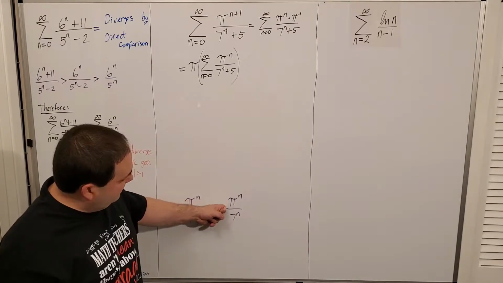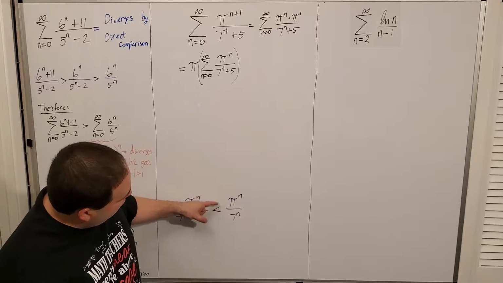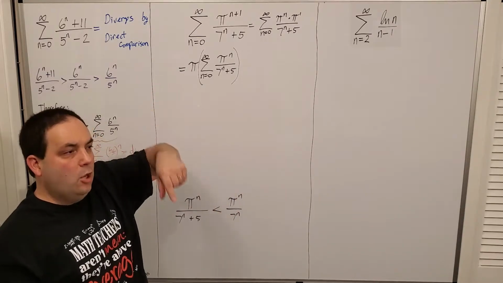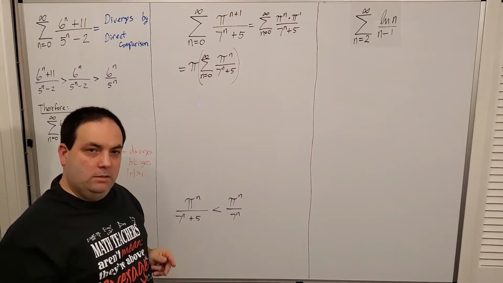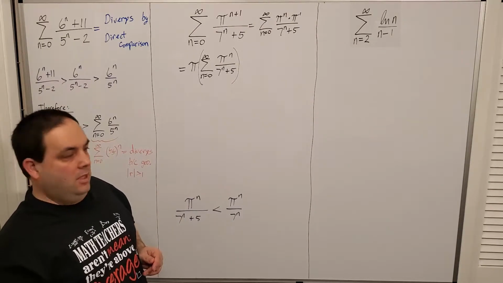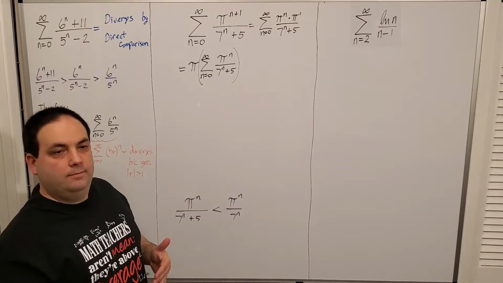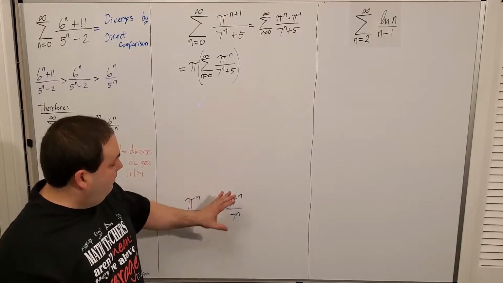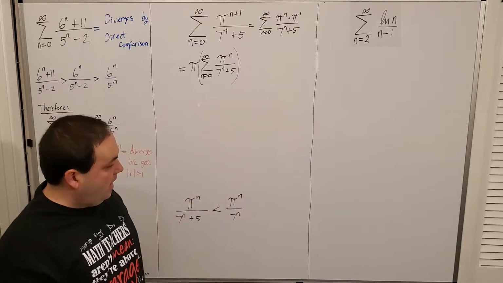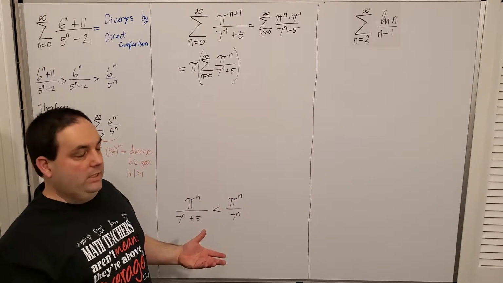Pi is a number that's less than 7. So if I were to make this into a geometric series, pi over 7 all to the n would be a geometric series that converges, because pi over 7 is less than 1. So in making this choice, I'm comparing it to a convergent series.